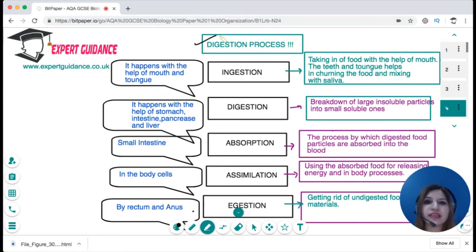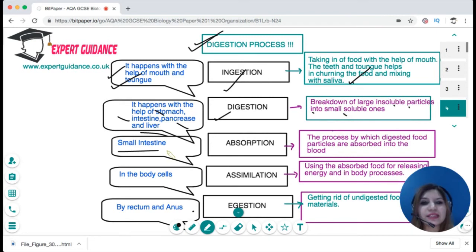If you see this, we can break the digestion process into 5 stages. One is ingestion. Ingestion is taking in food. It happens with the help of the mouth and the tongue. The food is churned, so mechanical digestion takes place, and the food is mixed with the saliva. Then is digestion. It starts in the mouth, and stomach, intestine, pancreas, and liver are involved in it, which is the breakdown of large insoluble particles into smaller ones.